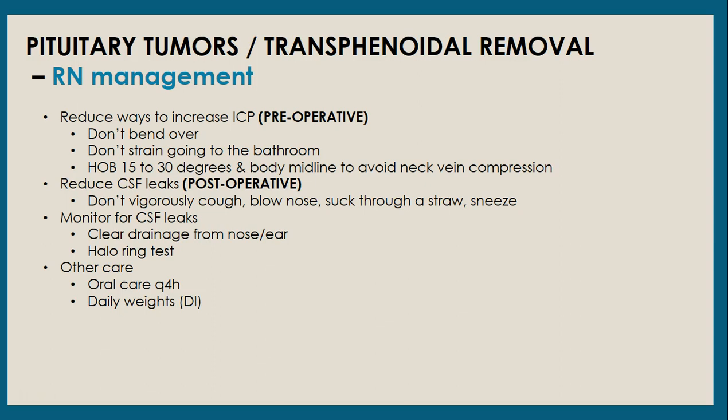But keeping that in mind, you need to discuss ways to reduce the increase of intracranial pressure preoperatively with your patient. So you want to make sure your patient doesn't bend over, doesn't strain while going to the bathroom, keep the head of the bed 15 to 30 degrees, and the body midline to avoid any type of neck vein compression.